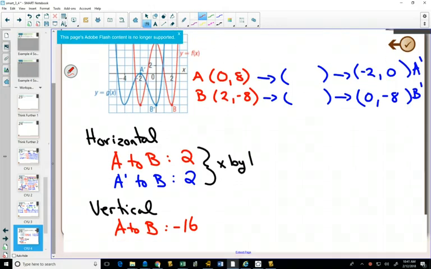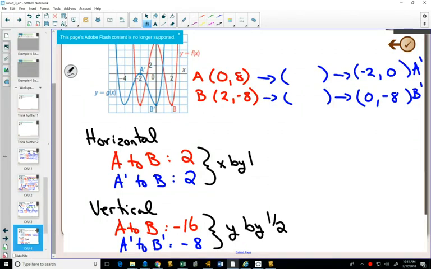And when we look at A prime to B prime, we start at 0 and go down to -8. We would be going down 8. What would you have to multiply your y values by to go from -16 to -8? You'd have to multiply y by 1/2.